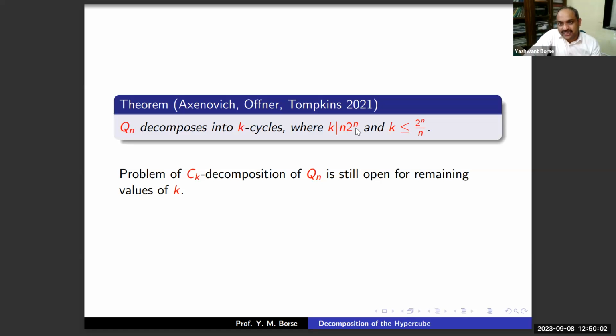So it is not 2 raised to n, this is 2 raised to n minus 1. And this K is less than or equal to 2 raised to n divided by n. So this covers most of the cases. But still the problem is not completely solved. Most of the cases of K are covered here, but still the problem is not completely solved, right?